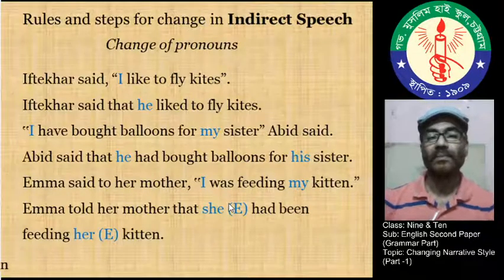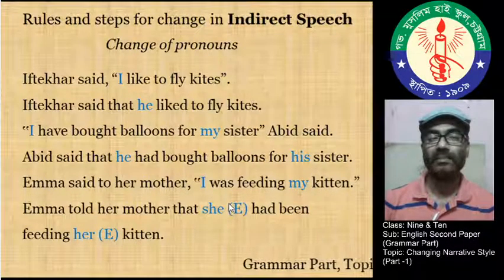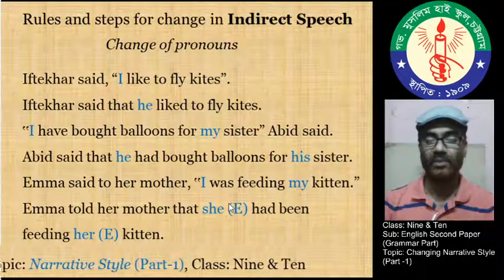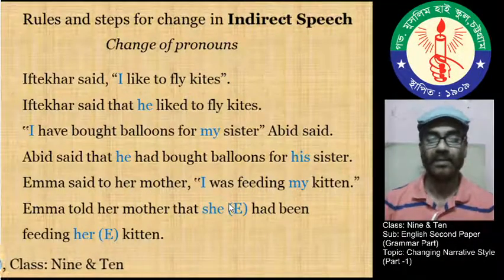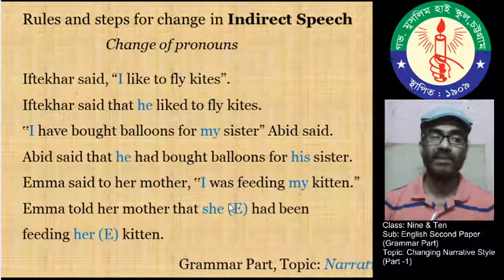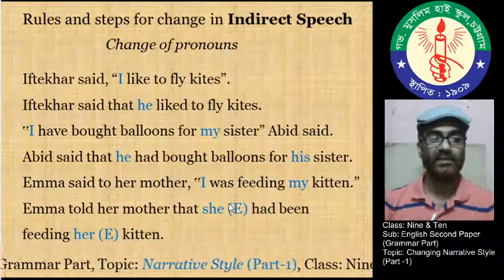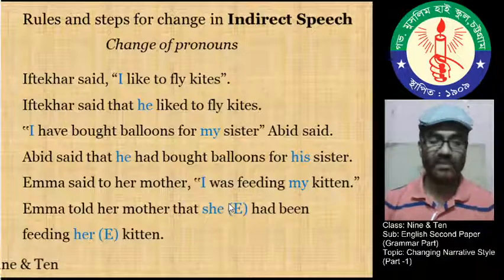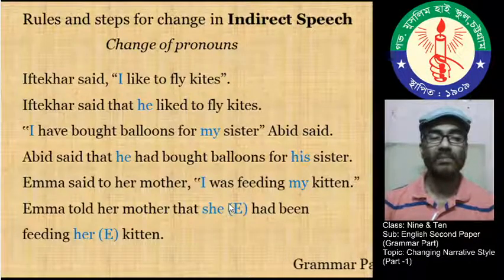Actually, when the pronoun can become almost similar for the two people, both the speaker and the listener. You see, Ima is a girl and mother is also a girl. For these two persons, we have to bring pronoun she.